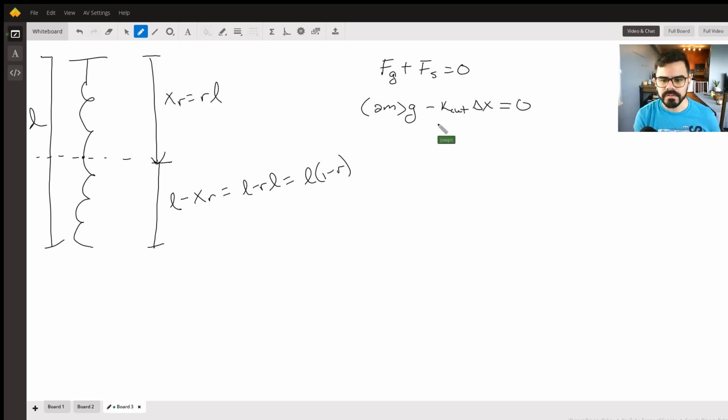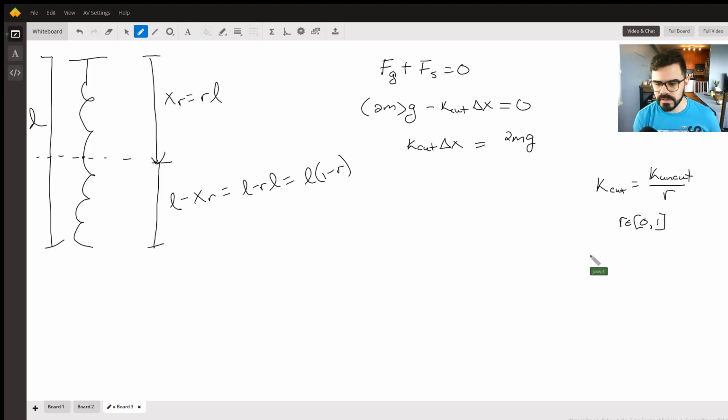So I'm going to flip that again. This term I'm going to put first: k cut times delta x equals 2mg. And I'm going to make some notes in this corner. The cut one, we said that it was the uncut one divided by R. This is bigger, and R is a fraction, so it just goes from 0 to 1.